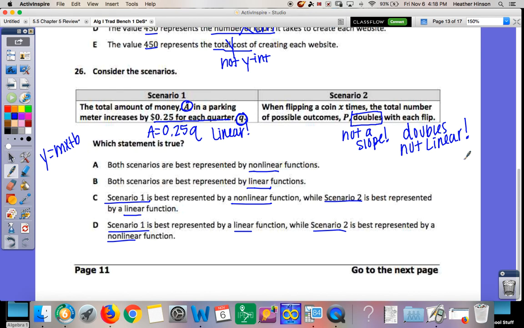We're not going to see any of those until January. So those are wrong. So they're not both linear. They're not both nonlinear. Scenario 1 is best represented by a linear equation because it had a slope. So it's linear. Scenario 2 did not have a slope. Doubles is not a slope. So it's nonlinear. So D.